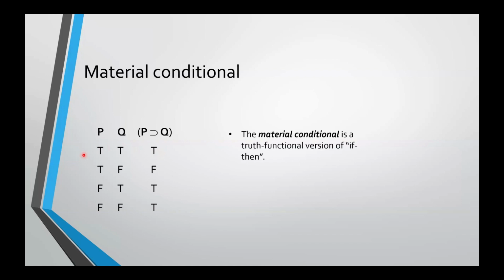So for the truth functional material conditional, what we do is we just stipulate that it will be true in all of these cases. So the material conditional will be true anytime there's the possibility of a connection, basically. It's the weakest possible conditional, effectively.